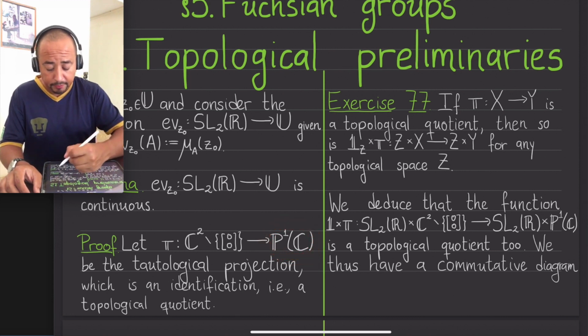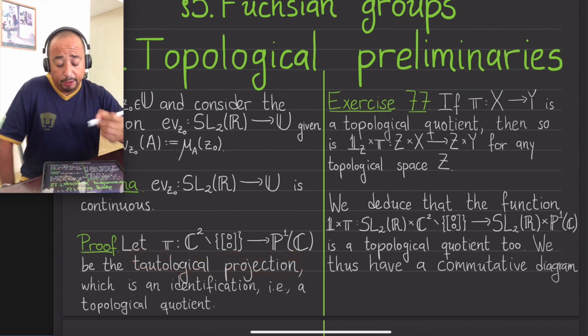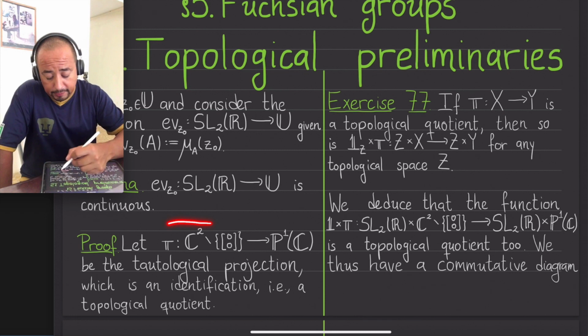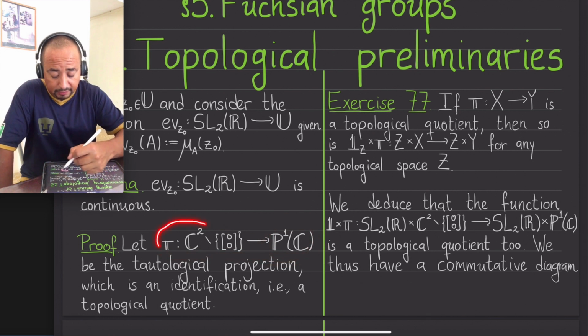I call it the tautological projection. And recall that we used this tautological projection to put a topology here, because it's a surjection.